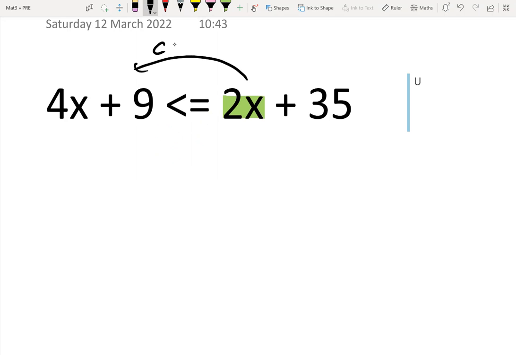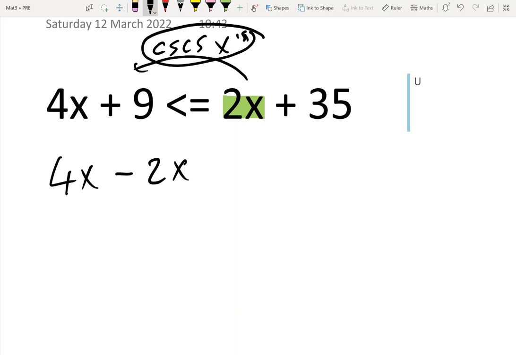It's a term, so we're doing change side, change sign. So we get 4x minus 2x. And if the x's are going left, the numbers have to go to the right. We change side, change sign.